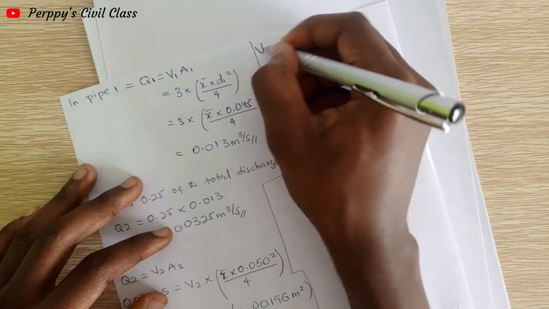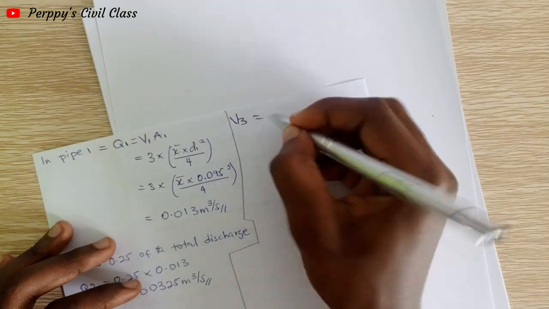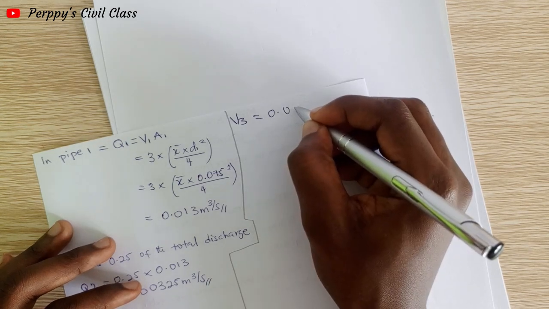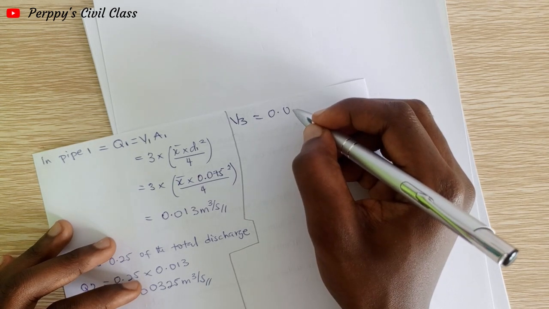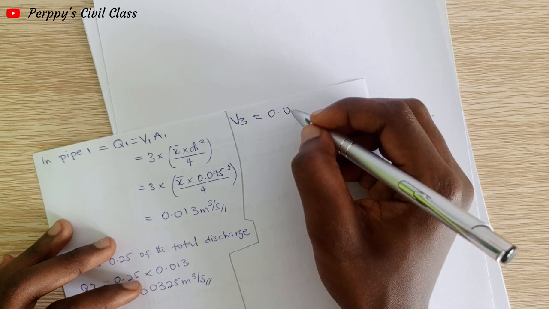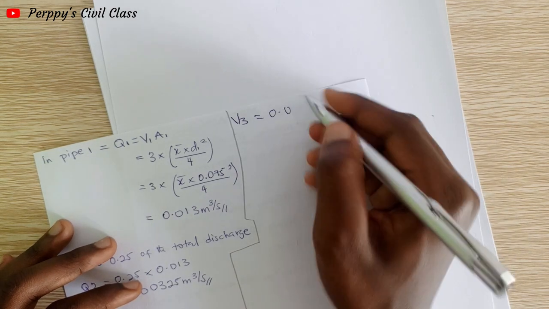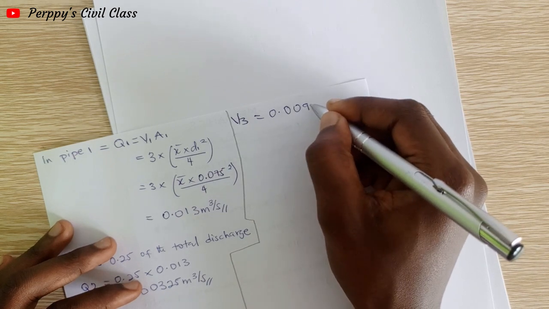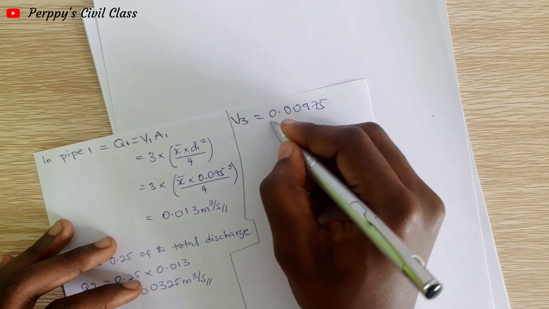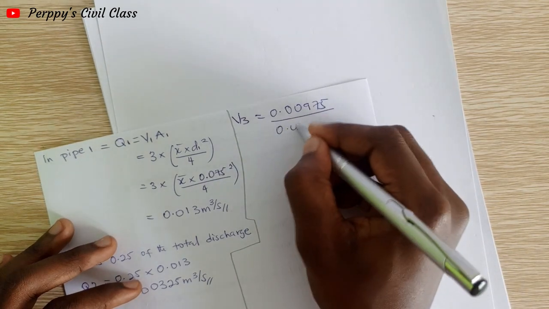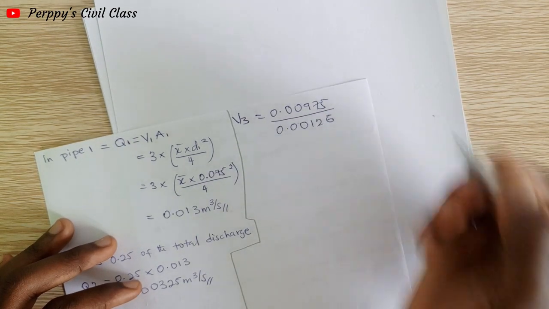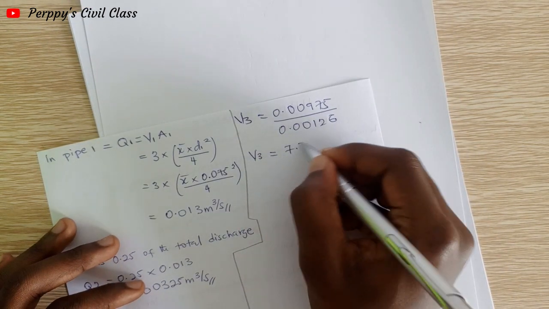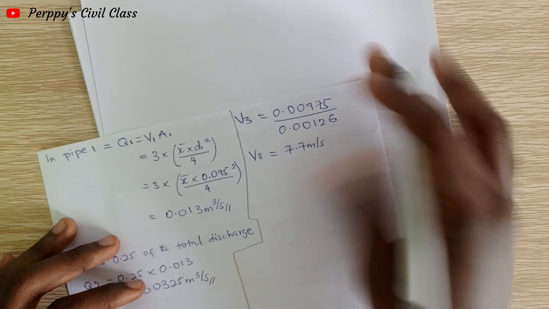V3 is equal to 0.00975 divided by 0.00126. Now V3 is equal to 7.7 meters per second.